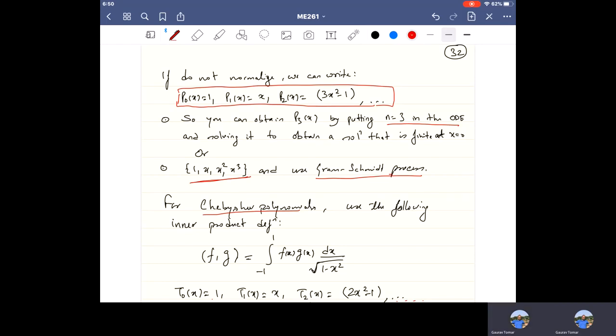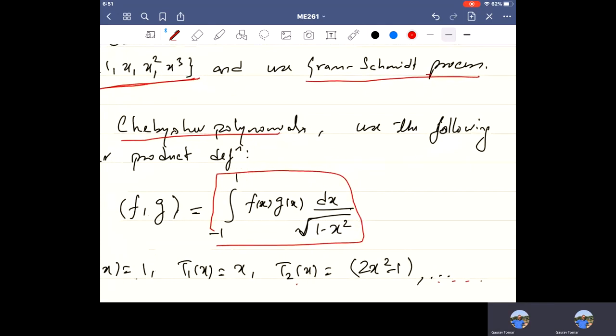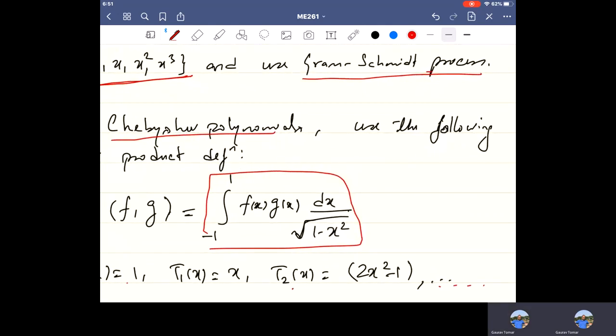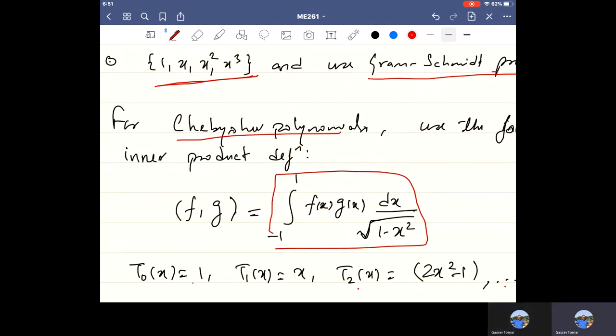There is another set of interesting polynomials, which is called Chebyshev polynomials. The inner product for them is defined with the weight function 1 by root of 1 minus x square. If you define your inner product in this fashion, and you start with the same initial basis 1, x, x square, let's say we just stop here for the P2 space.